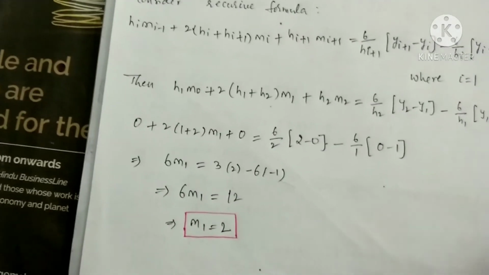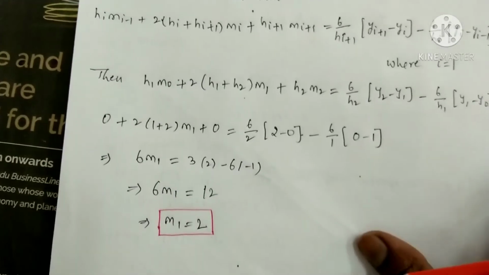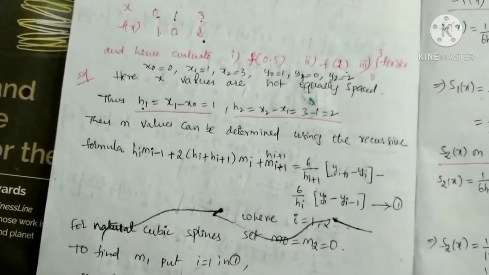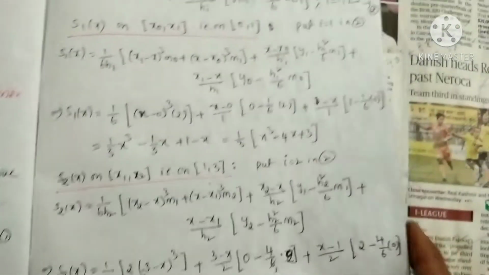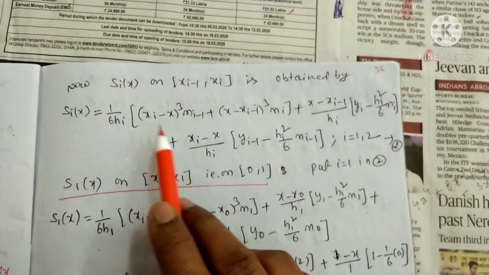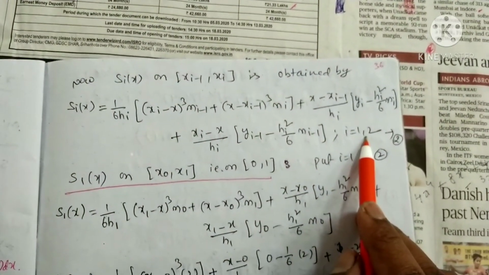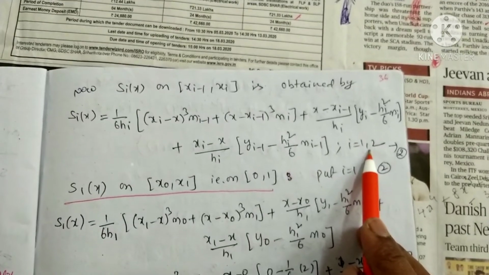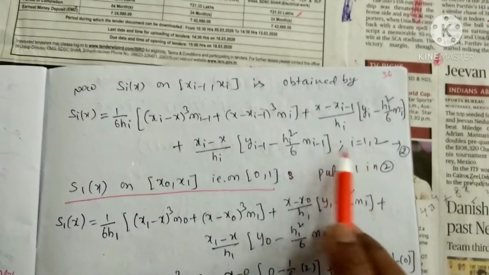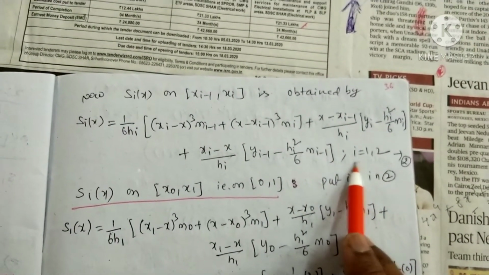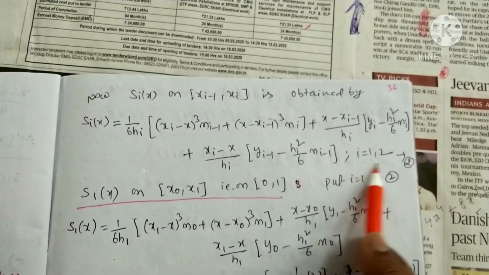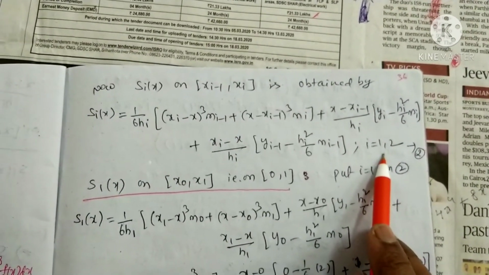In the next step, we need to use these m values to get the spline pieces in each subinterval. So this is our general formula. As we have two subintervals, we will get only two spline functions, for which we have to give i equal to 1, 2 in the general formula.